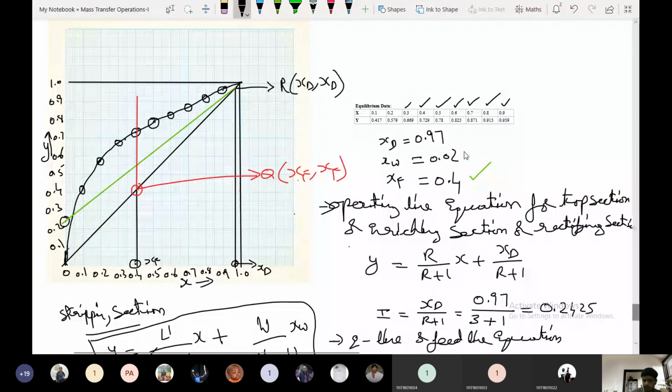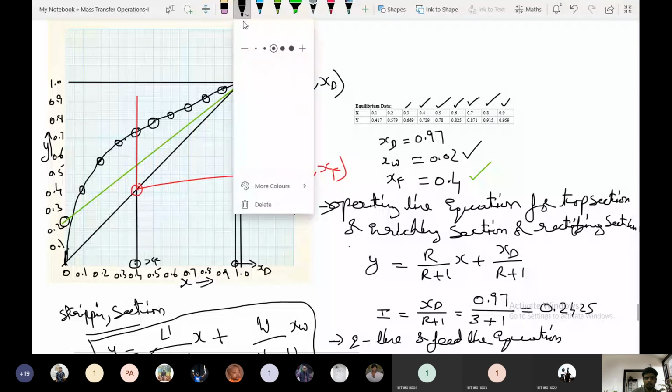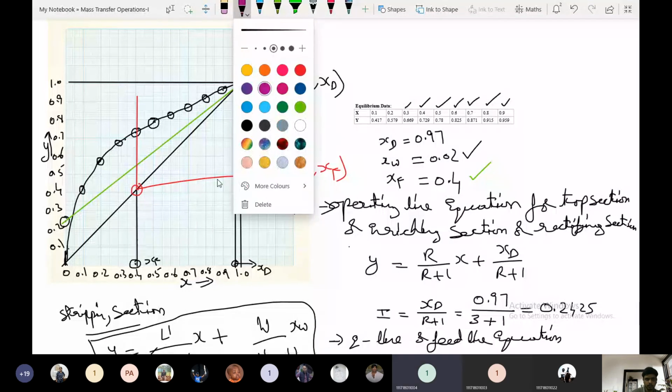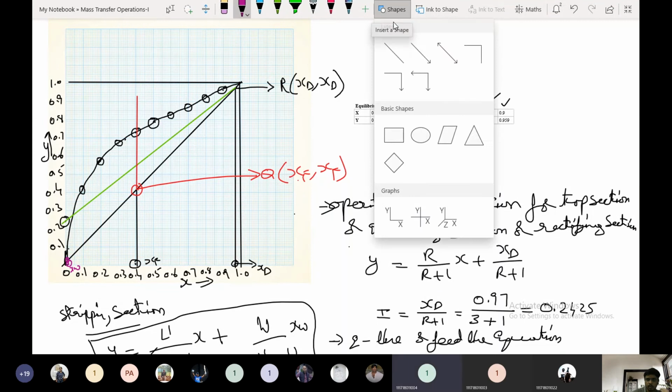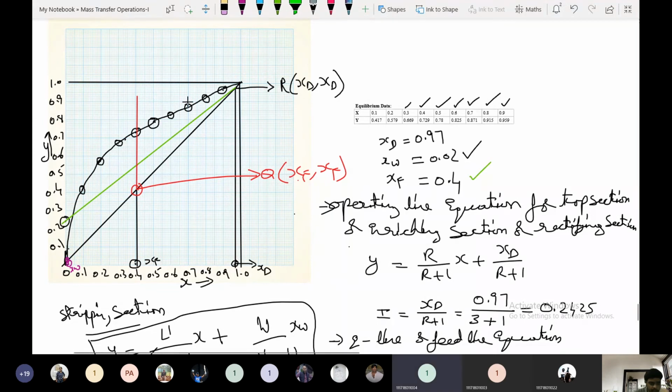First you have to know the xw value, which is 0.02. It will come around here. This is xw. Project this line up to the diagonal, and from this diagonal point connect the intersecting point with it. So now connect these lines.